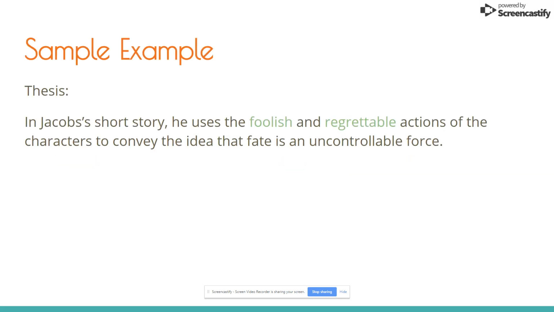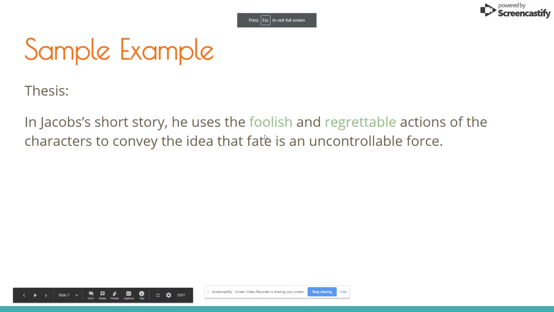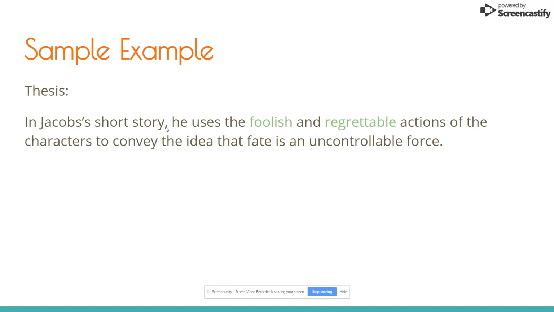So for a sample example, I put, "In Jacob's story, he uses the foolish and regrettable actions of the characters to convey the idea that fate is an uncontrollable force." What I like about this sample example is that it is one sentence. There is a transitional phrase of some sort.